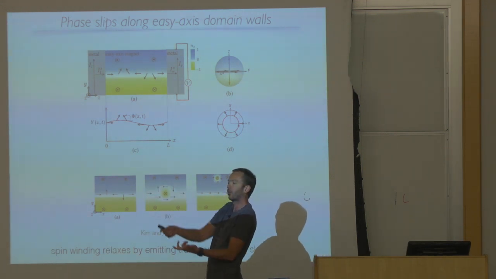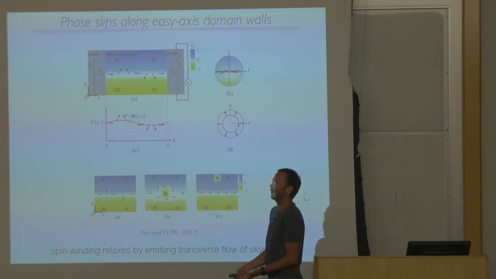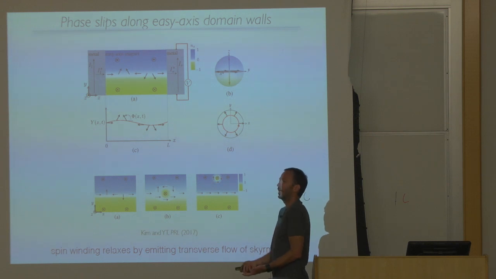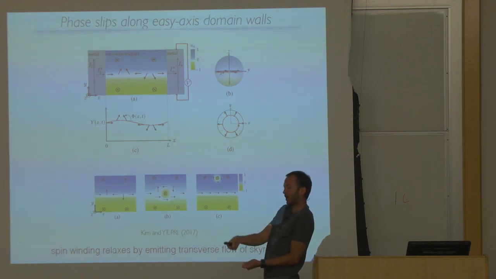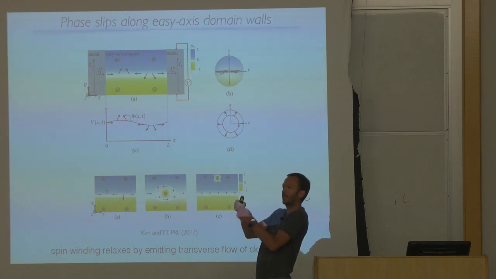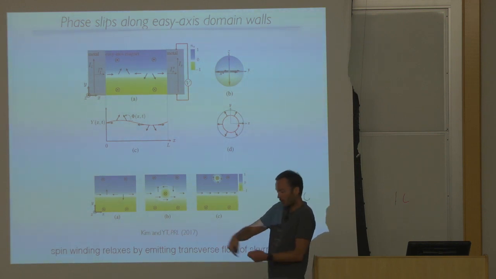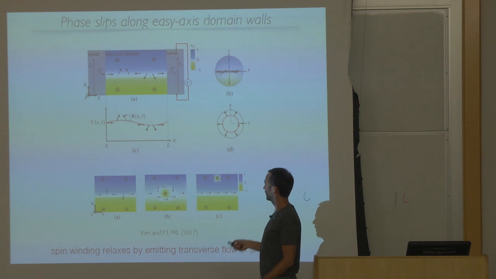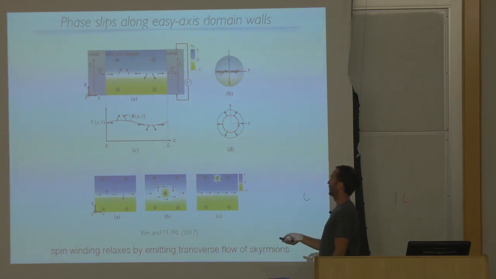If that one-dimensional contour crosses on itself, you can no longer define the winding. So there are two ways in which the winding cannot be defined. Either the magnetization comes out of plane and crosses the north pole or south pole, so the azimuthal angle is no longer well defined, or the contour closes on itself. And it's really the latter that happens here.